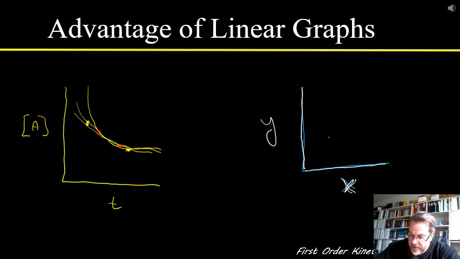Now, if you've got a linear graph like this, and you know that your data comes through here, if you've got any kind of a point in the middle and you want to extrapolate, it's really easy to see exactly where that intermediate value is going to be. It's a lot easier to do that with a linear graph than it is with a curved graph. Right? But also, with this graph, we'll see that we can pull out some special values from that, which will be helpful.